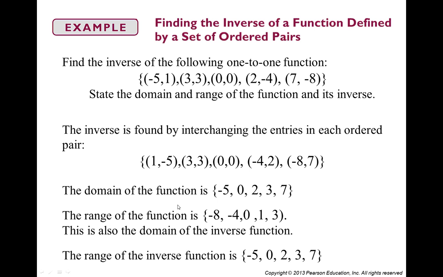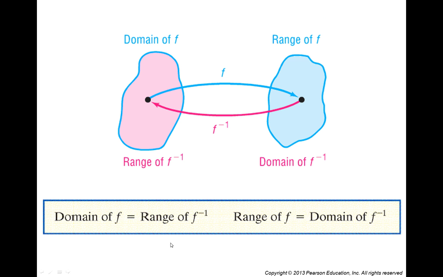So the domain of your original function is the range of your inverse function. So everything just switches. If you look at this little -1 power, we're going to use that to identify the inverse. So if we have f^-1, that's technically the inverse of f.